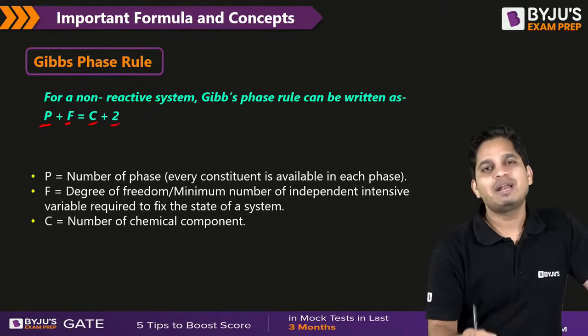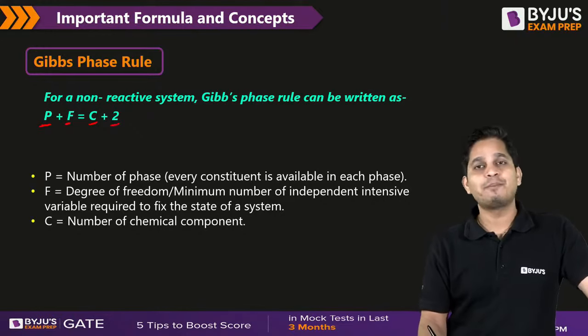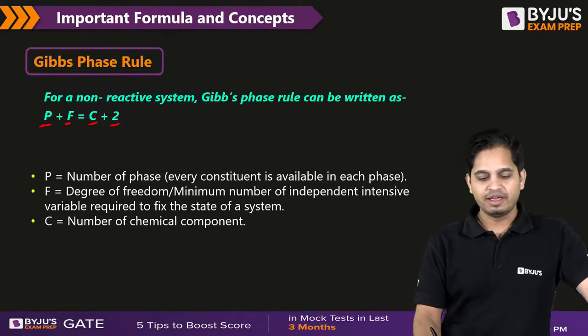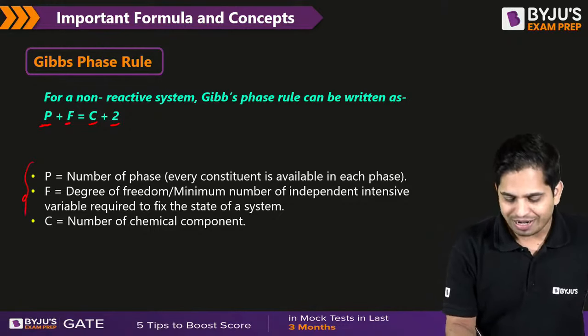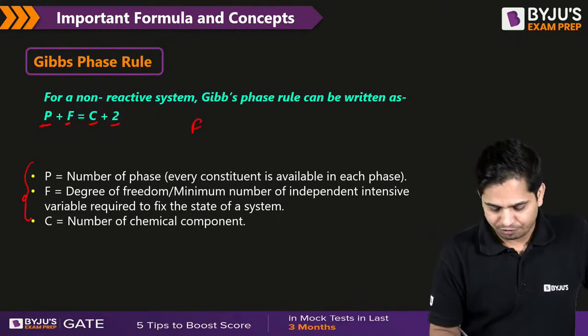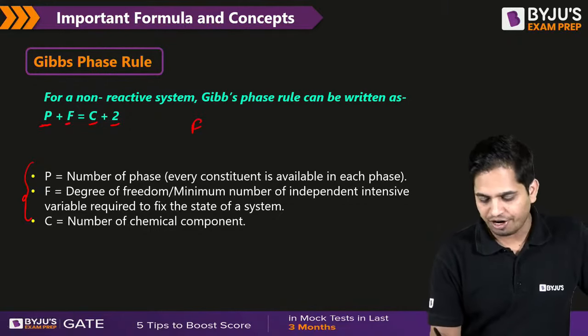And the 2 is basically for fixed properties, for example, temperature and pressure. Okay, so if you do this, you can determine the degree of freedom F equals C plus 2 minus P. Very important for binary mixtures.